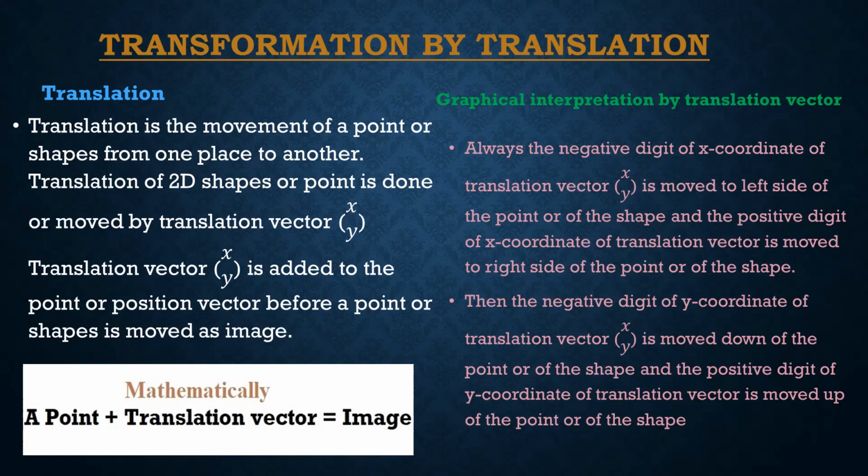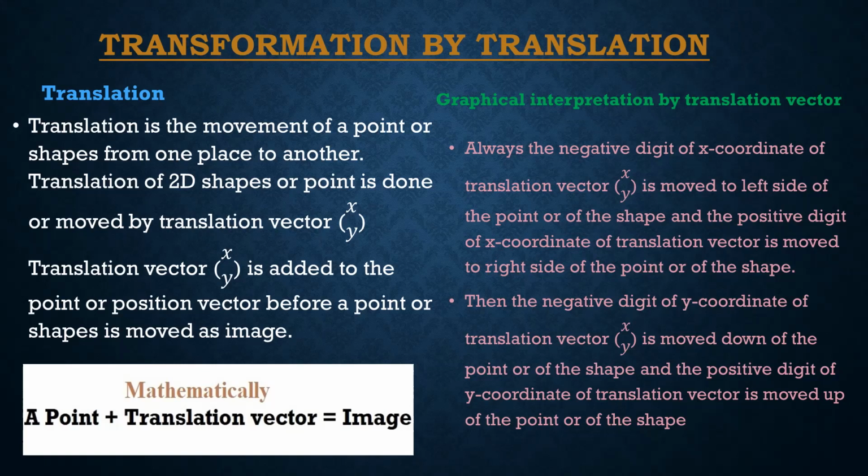So a point plus the translation vector gives you the image. Or you use the translation vector to move the points around. The translation vector is expressed in coordinate form, with x and y components, which are added to the point.